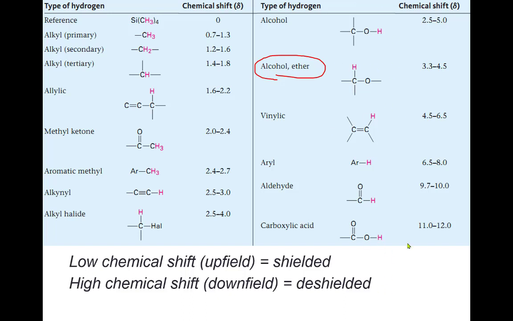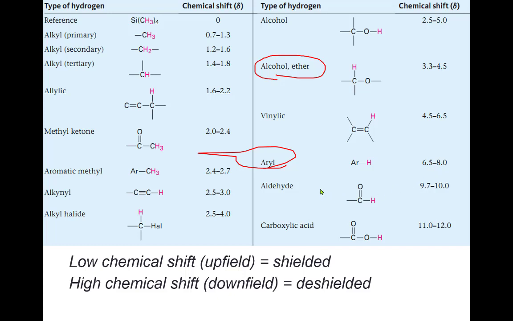Other ones that you'll want to pay special attention to are the aromatic ring. Almost nothing else shows up in that 7 to 8 kind of range. And based on how many signals you have there, you can sometimes pick out some information about what the substitution pattern is on the ring, if you have substituents on that ring.